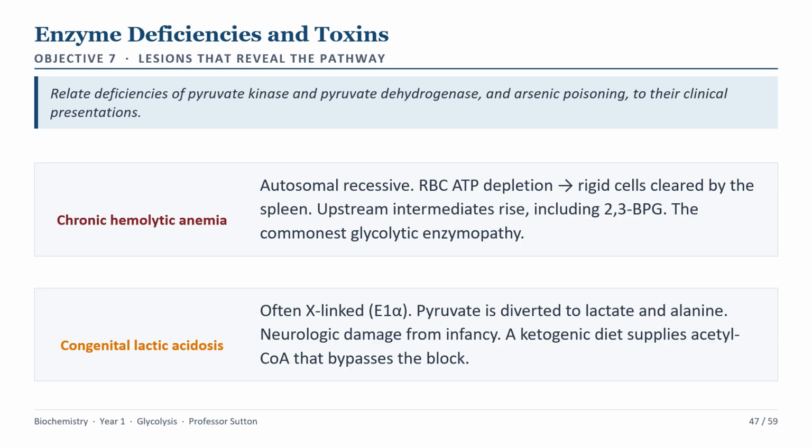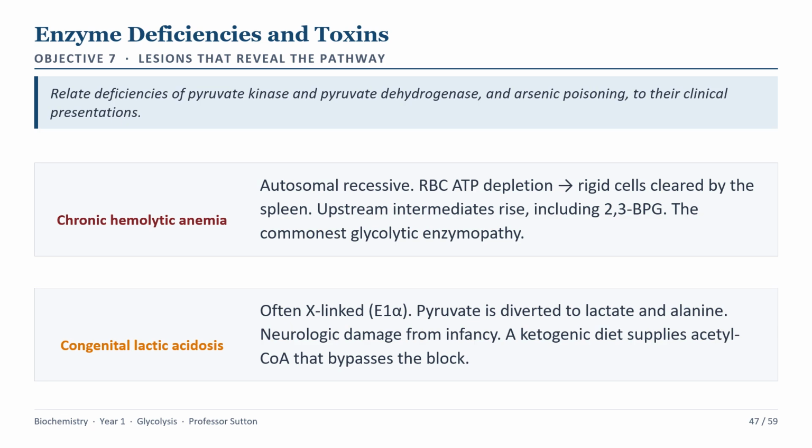Pyruvate dehydrogenase deficiency, most commonly X-linked, affecting the E1 alpha subunit. Pyruvate cannot become acetyl-CoA, so it is diverted to lactate and to alanine. Remember alanine, because pyruvate and alanine are 1 transamination apart.